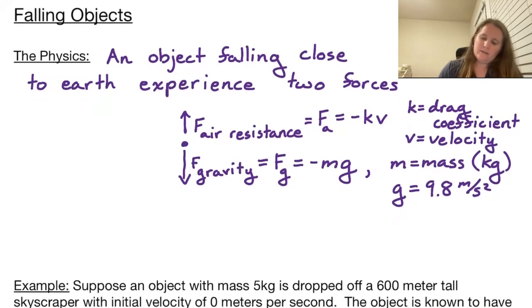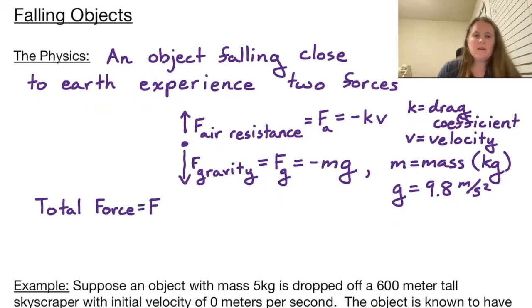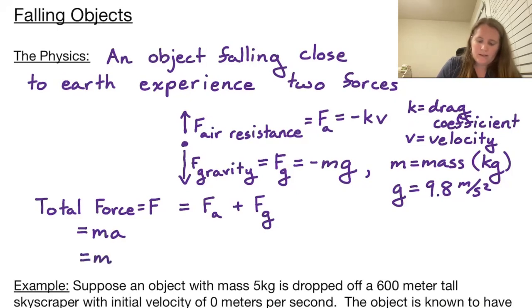Now, from physics, we have total force F is equal to the sum of the forces acting on the object. So this should be equal to F sub A plus F sub G. We also have the total force as mass times acceleration, or mass times the derivative of velocity with respect to time.